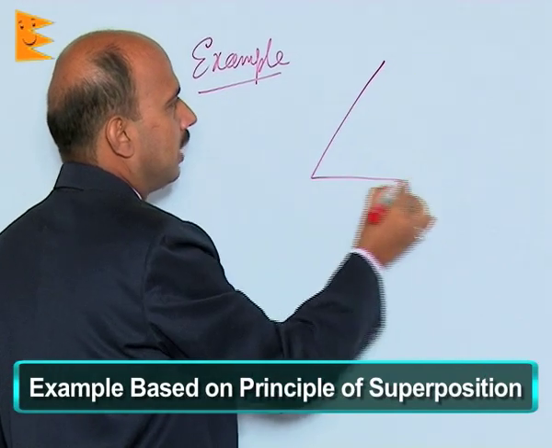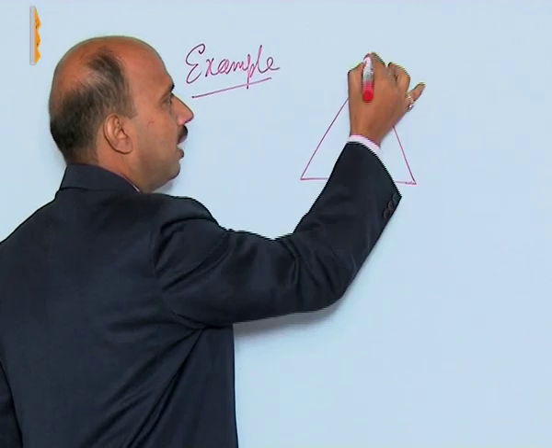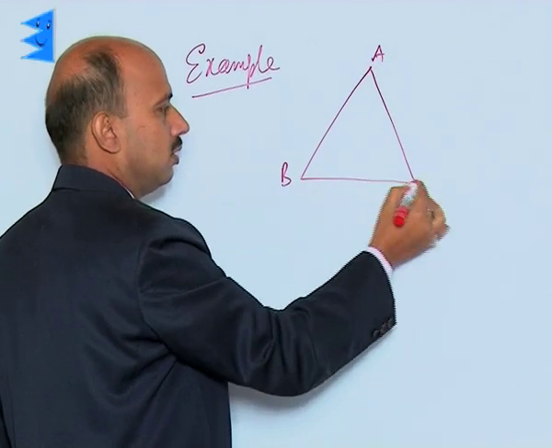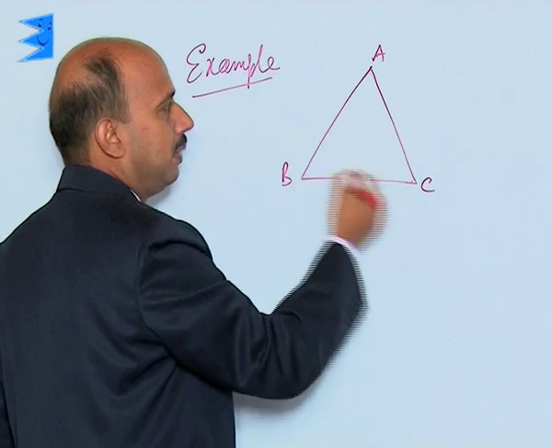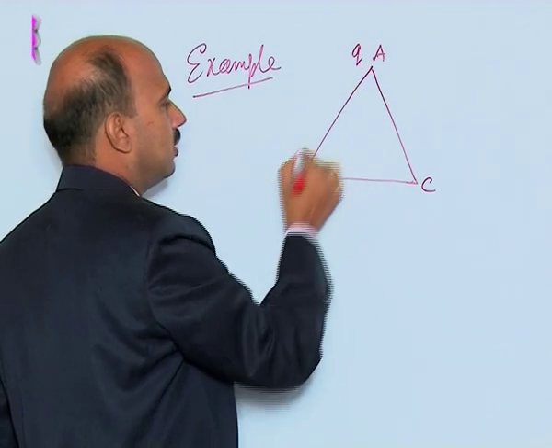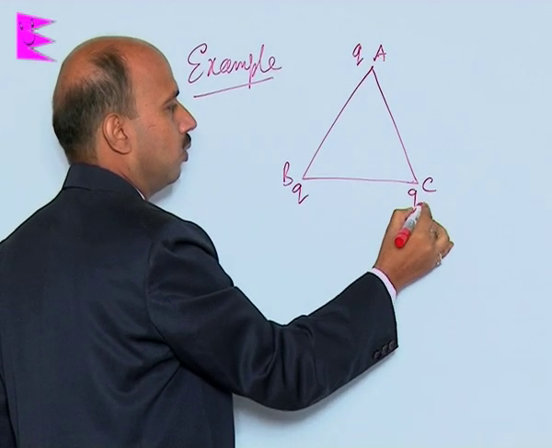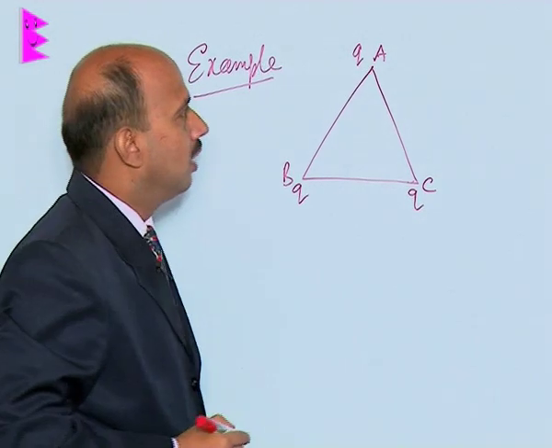Suppose there are 3 charges placed at the vertices of triangle ABC, at A, B and C. These are the charges Q, Q and Q, all have the positive sign.